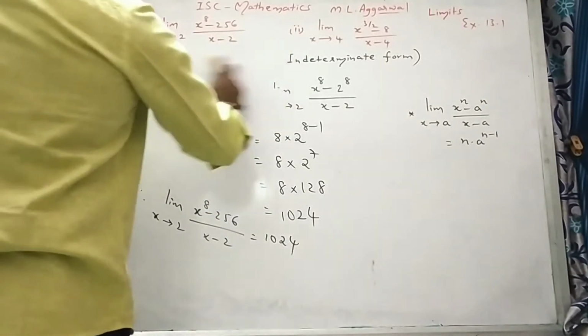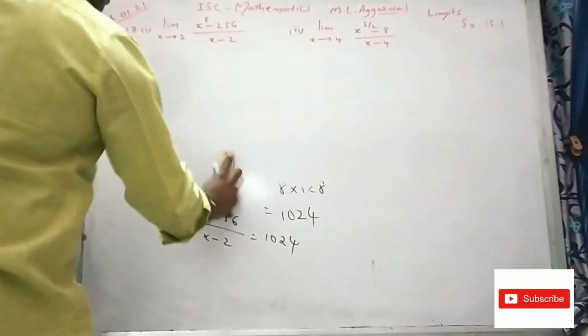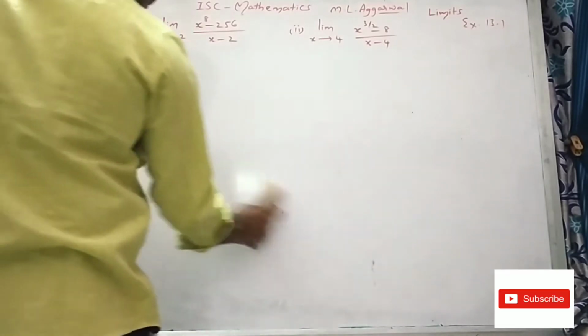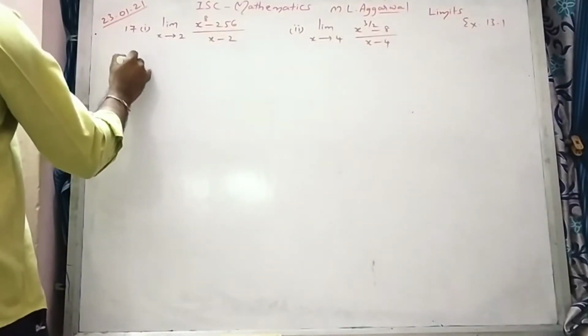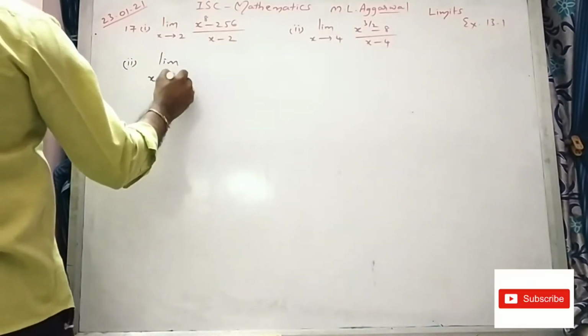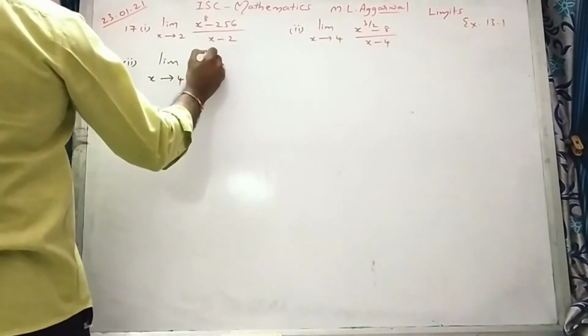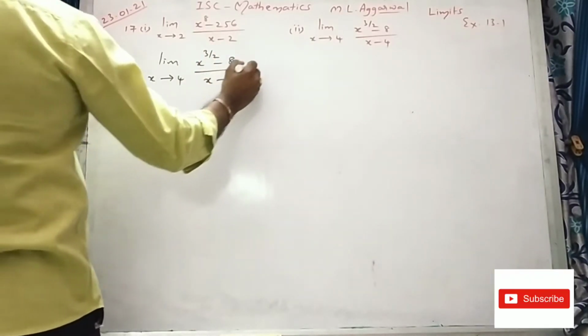See the second question once. Second one, limit of x tends to 4, (x power 3 by 2 minus 8) upon (x minus 4).